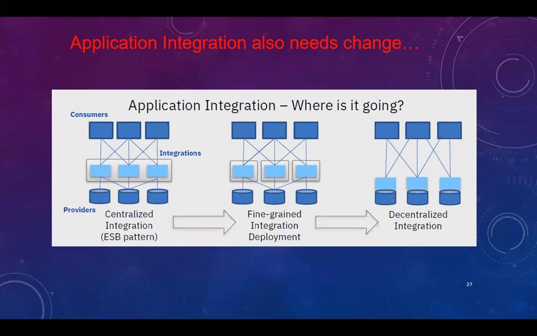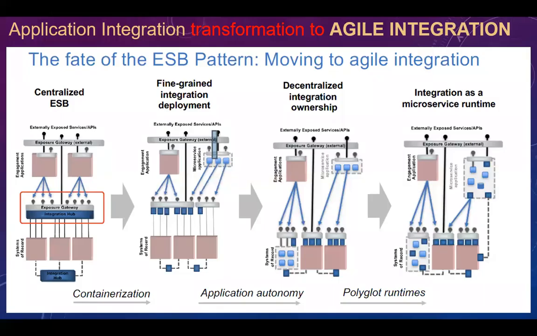But since everyone is going towards cloud, and people and processes are changing, with containerization happening, we also have to go towards fine-grained integration deployment. Decentralized integration is what is happening, so application integration is getting transformed into agile integration.